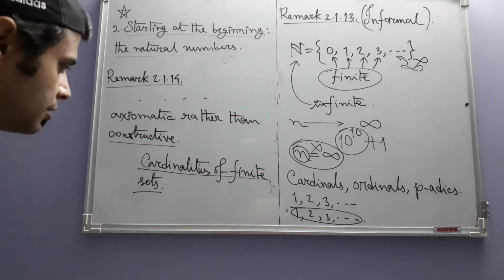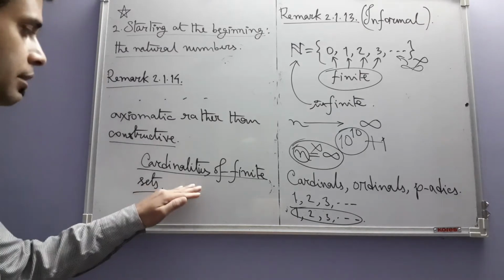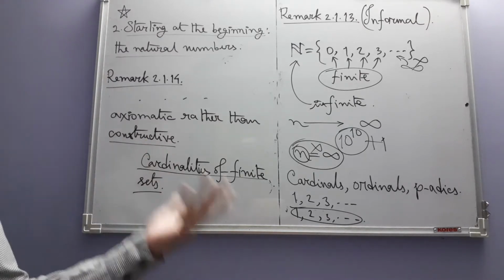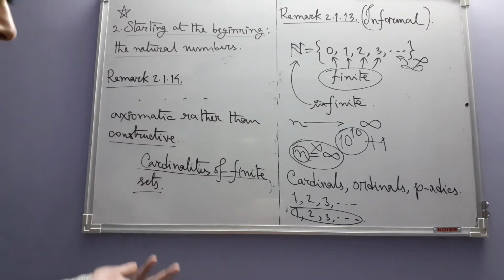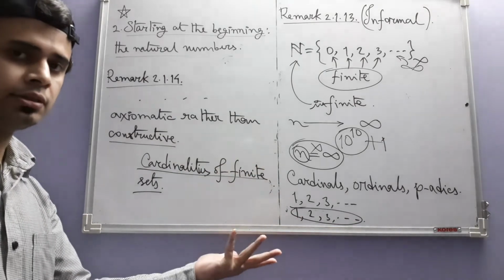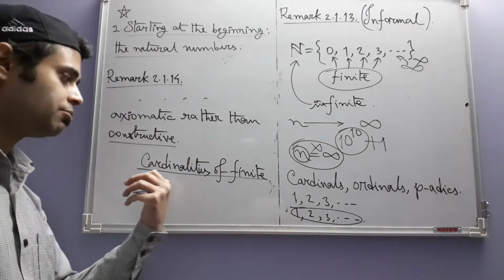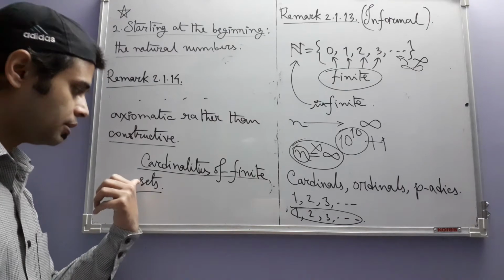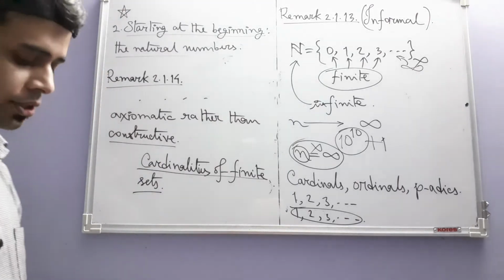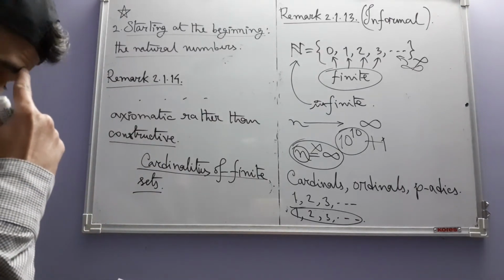It is defining the natural numbers in terms of something that is already known. Although we don't know sets yet formally, but still when we will do this, then this will be a constructive definition.